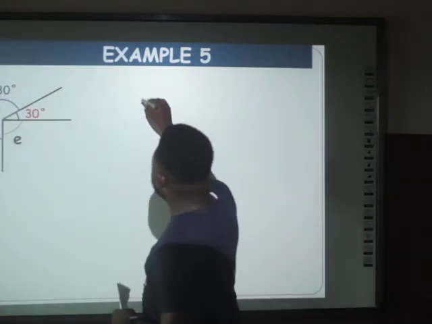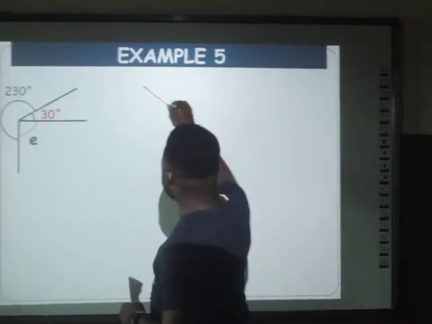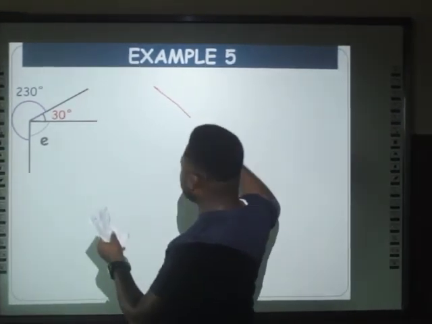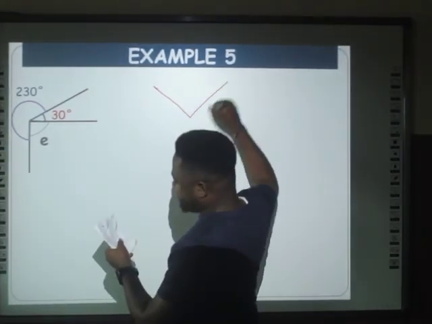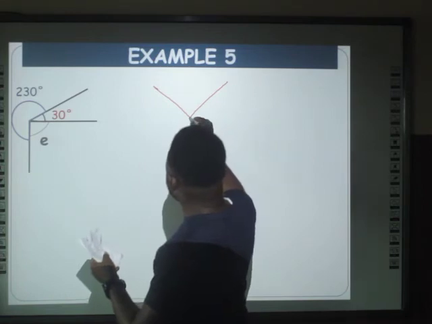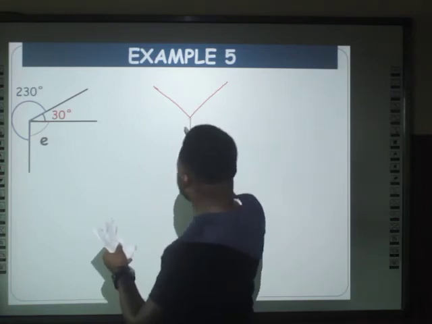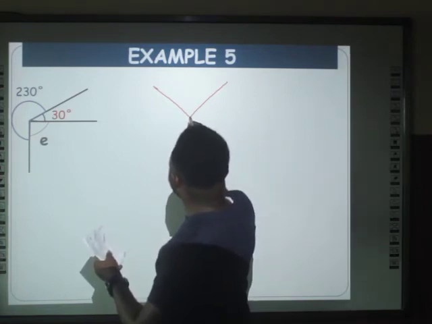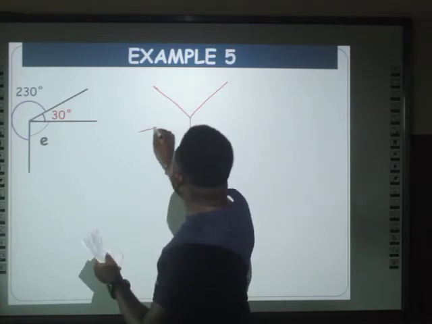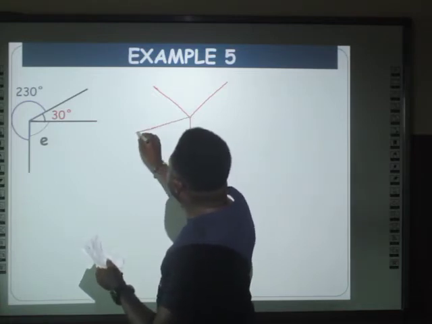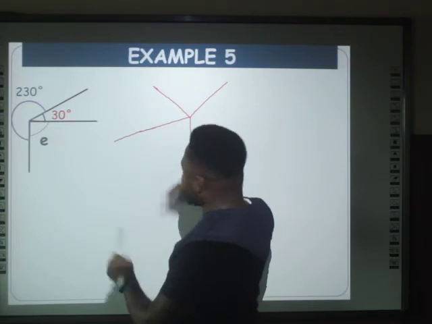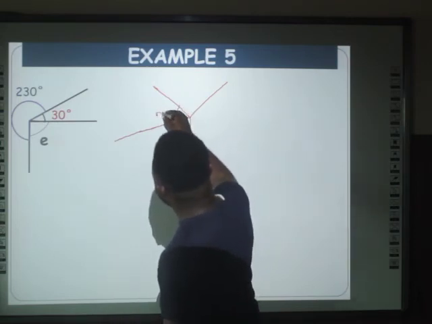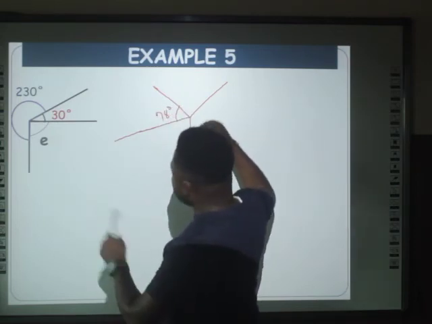We have this, we have this, we have this, then we have this. Now this angle is 78 degrees. This is 85.